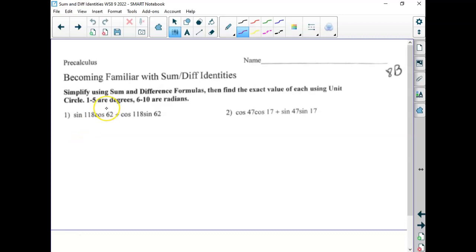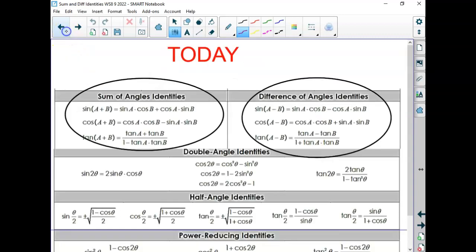Which one on the sheet has sine times cosine plus cosine times sine? In that section on your reference sheet, let's see, what did we just say? Sine times cosine plus cosine times sine, is that this one? Okay.